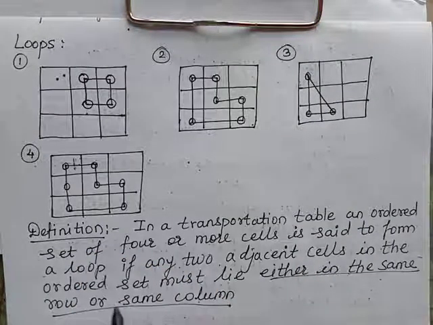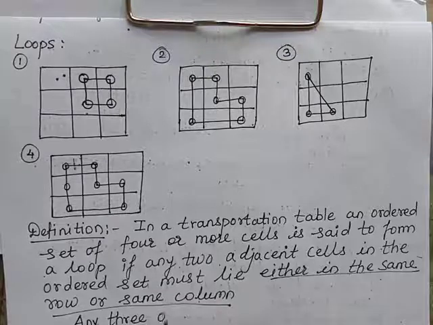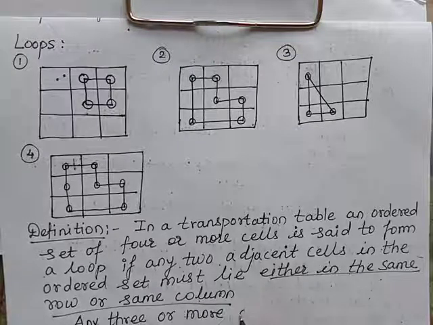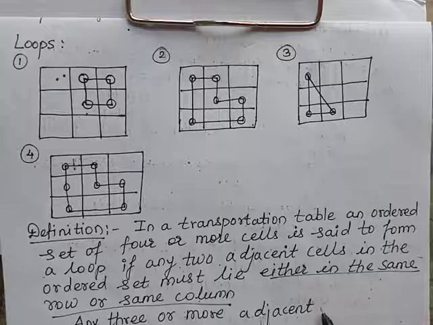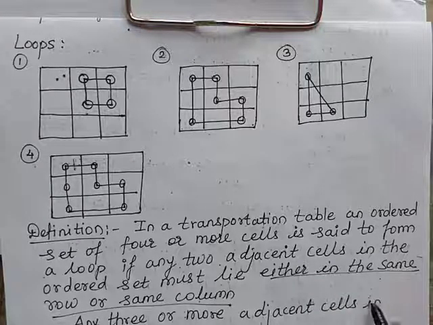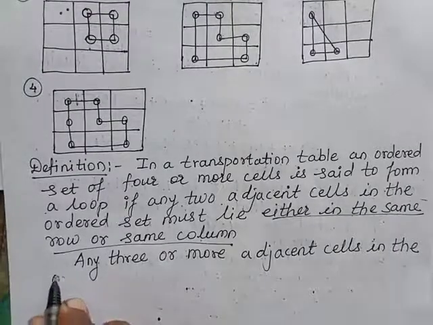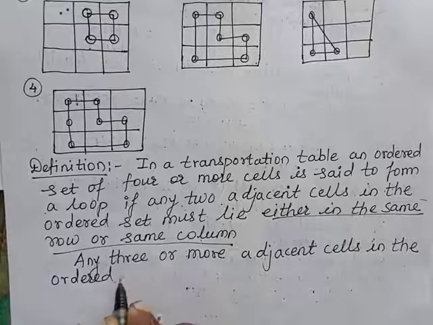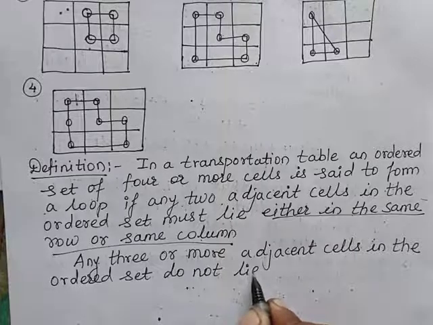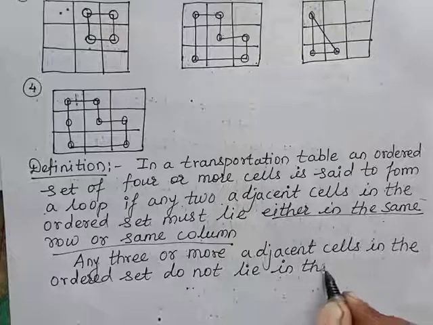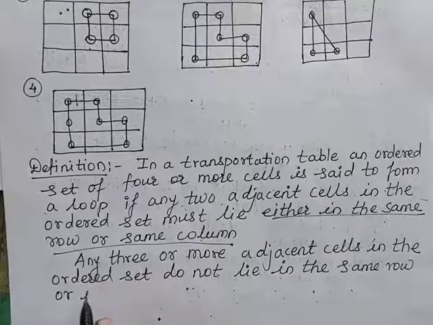Now another thing is that any three or more adjacent cells in the ordered set do not lie in the same row or in the same column.